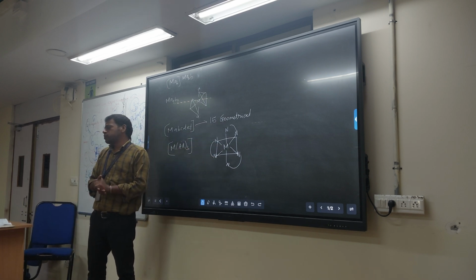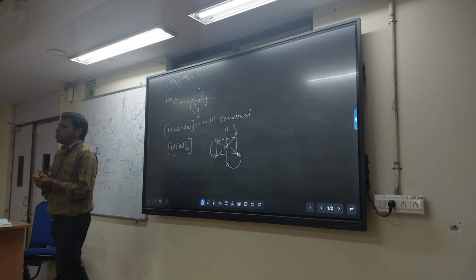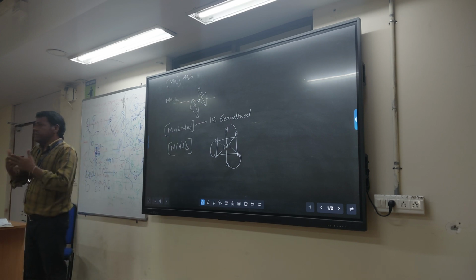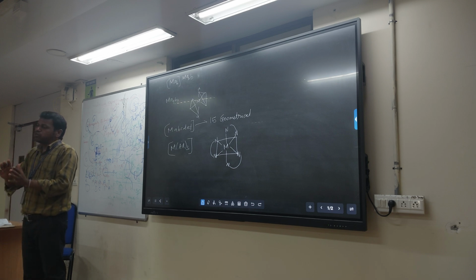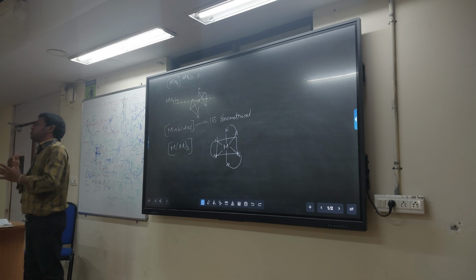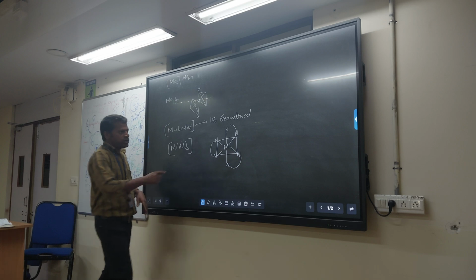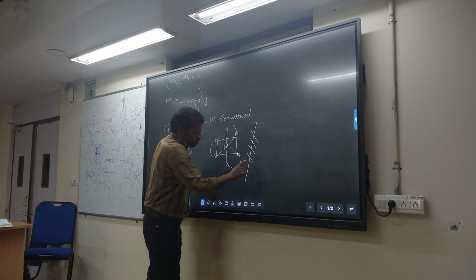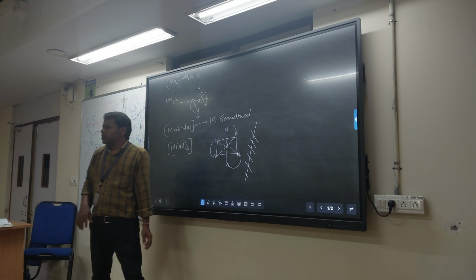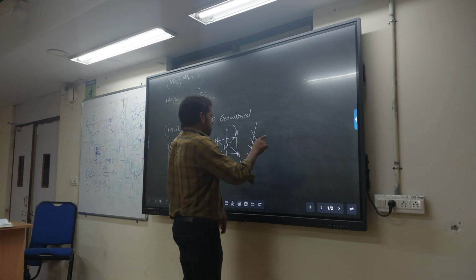So cis isomerism normally gives optical isomerism, because the cis isomerism produces D and L isomers. For example, if you keep a mirror image here, you get another one.